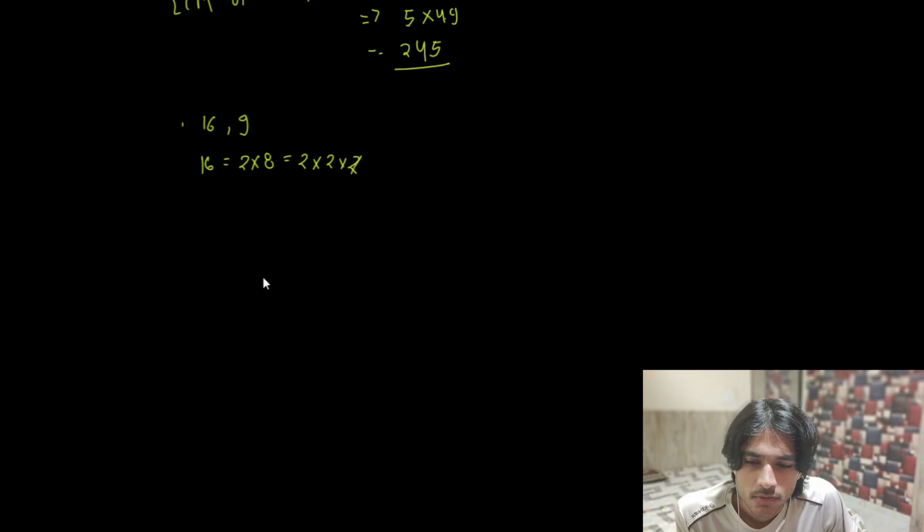Okay, sorry, it has to be 4. It can be written as 2 multiplied by 2 multiplied by 2 multiplied by 2. 4 can be written as this. Here 8 can be written as this. So this is simply 2 to the power 4.